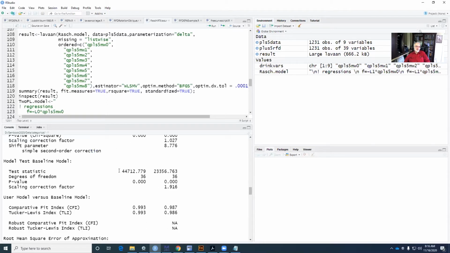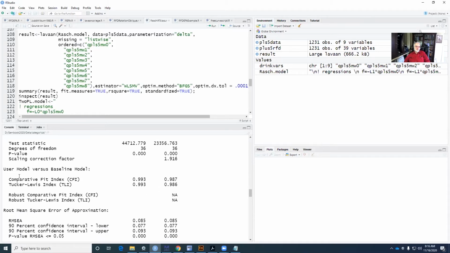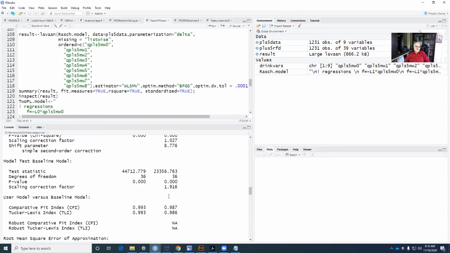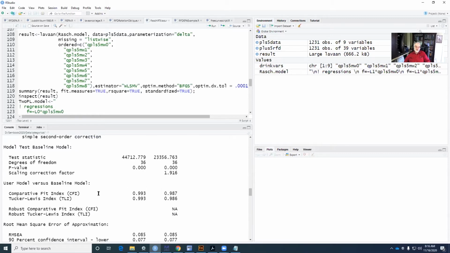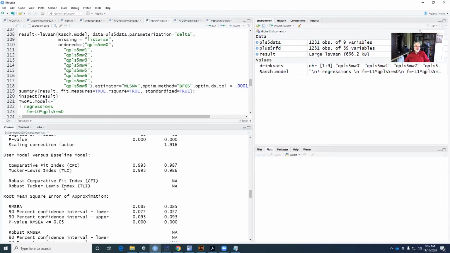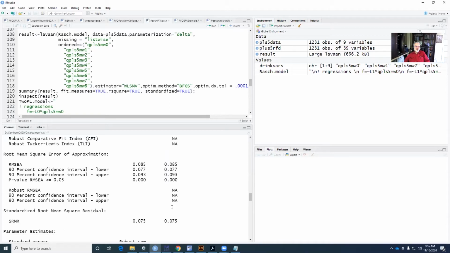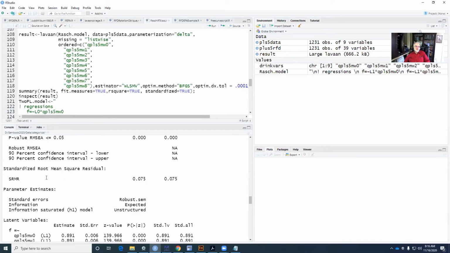And down here, the baseline model is another word for the independence null. And then relative to this chi-square and this chi-square, we can calculate CFIs and TLIs and an RMSEA with a confidence interval on that. And downstairs, here's our standardized root mean square residual.